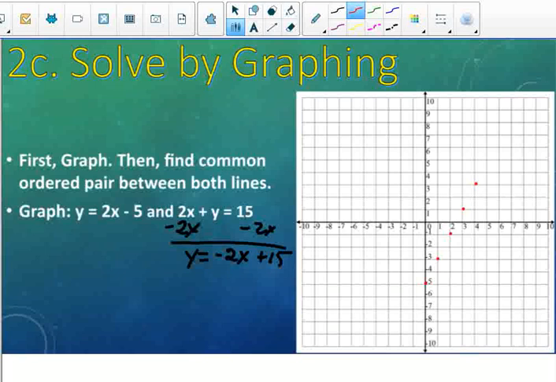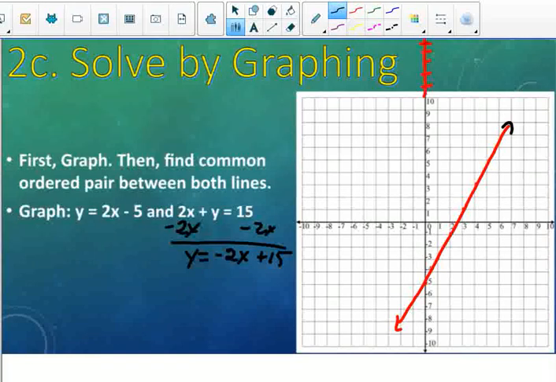The other one, let me draw that line here. Goes up to a positive 15. So I'm going to have to extend this. So 11, 12, 13, 14, 15.